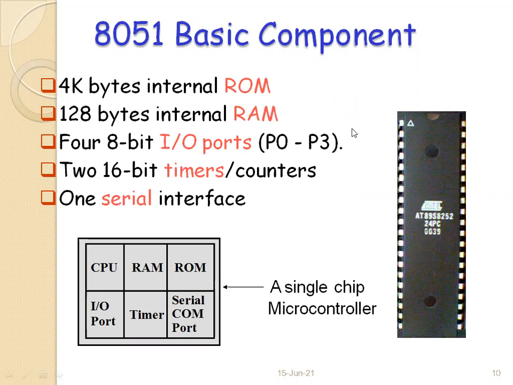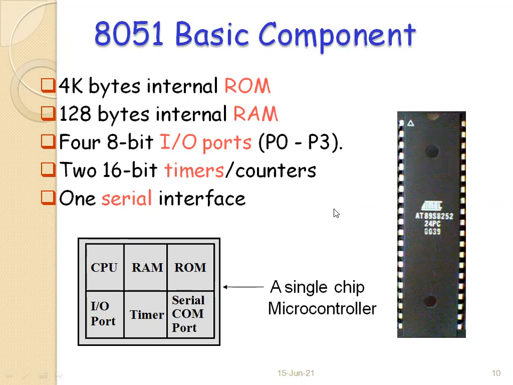It has four 8-bit input-output ports, defined as port 0, port 1, port 2, and port 3, written as port 0 to port 3. Two 16-bit timers, timers or counters, are there, and one serial interface is there. It is embedded inside this integrated circuit along with the CPU, all the other peripherals embedded inside a single IC. So whenever the microcontroller unit is concerned, we are talking about all the systems along with the CPU.